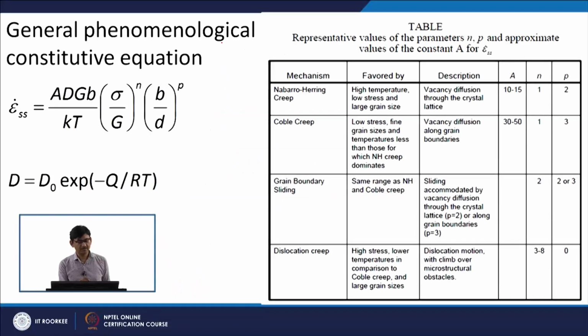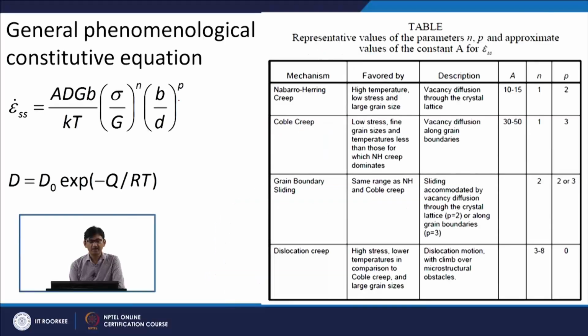So, we can express all the creep phenomena through a phenomenological constitutive equation, which gives an equation like this. So, epsilon dot SS is equal to, there are a lot of parameters here, but do not get scared by this equation. These are not very difficult to understand. As we just discussed, my creep phenomenon depends on the grain size.